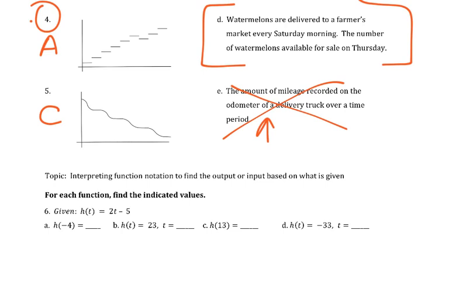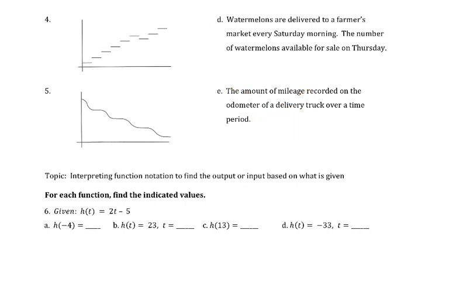Okay. Now, we want to find the input or output given a function. So remember, H stands in for the name of the function, t is the input, then we've got the pattern. When we put numbers inside, that means we are giving them the input and we want the output.